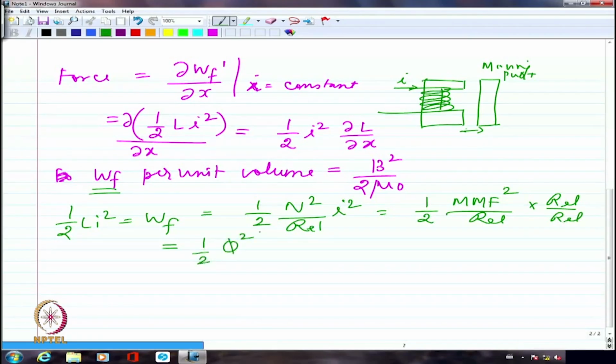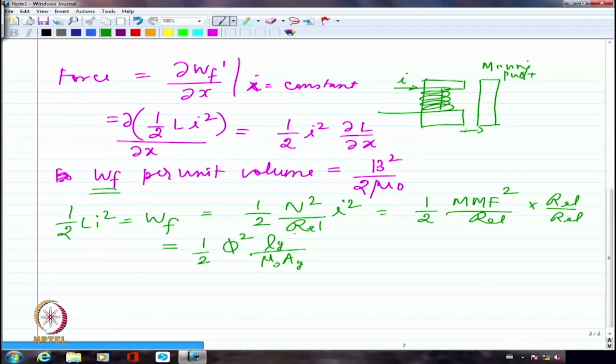And then I can write this reluctance as L divided by mu A. If I am talking about mainly the air gap, let me write this as mu naught A, since I am talking about the energy stored in the air gap. Because mu naught is much smaller than mu naught times mu r, I am considering this. So this area is the area of air gap, and this is the length of the air gap.